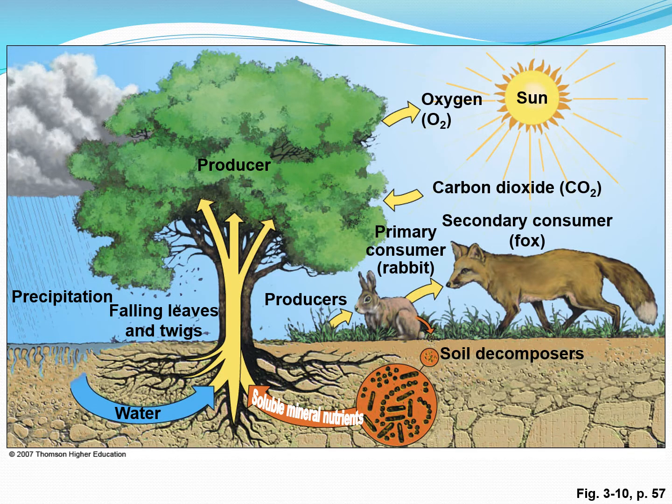I put this simple picture here just to show you, no matter what the ecosystem, you've got non-living parts, the rain, the soil, you've got the living parts, producers, the primary consumers, the secondary consumers, and you do have that flow of energy, the sun to the plant, which is the producer, and then you've got the rabbit eating the plants, the fox eating the rabbit, that flow of energy. And then you've got carbon dioxide going into the plant.